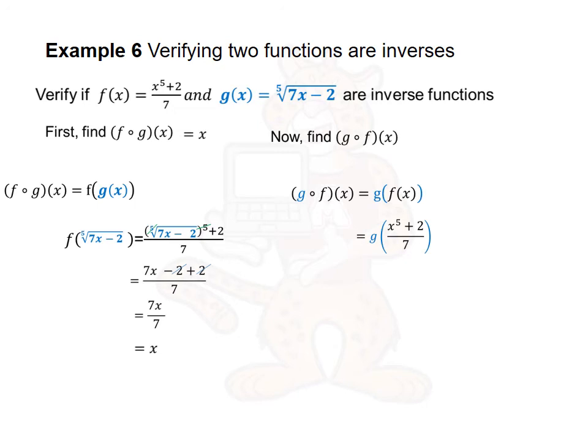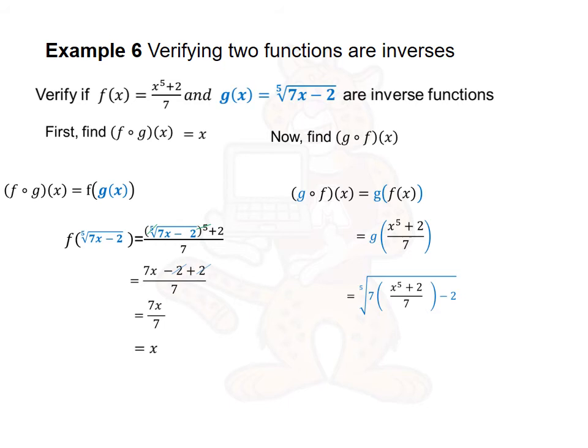So this becomes g of x to the fifth power plus 2 over 7. Remember, I'm going to replace the x in the function g of x equals fifth root of 7x minus 2 by the f of x function, that is x to the fifth power plus 2 over 7.